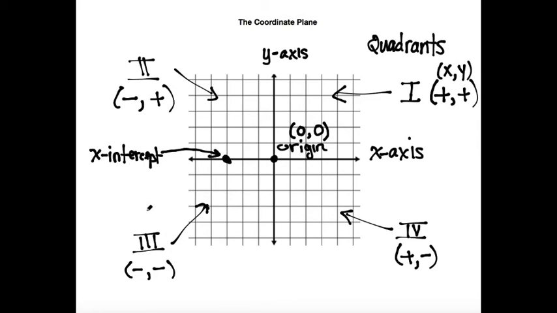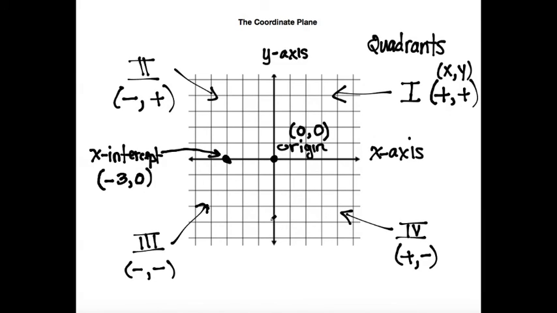It's a point that is on the x-axis. The x value is negative 3, and the y value is 0. So whenever we have a point that lands right there on the x-axis, the y value is always going to be 0.